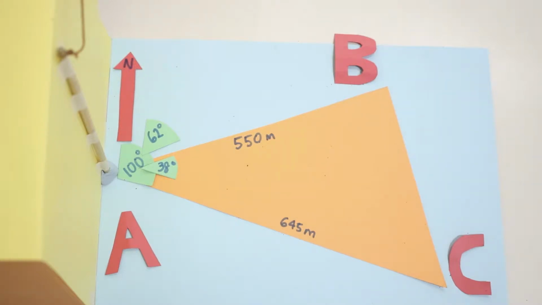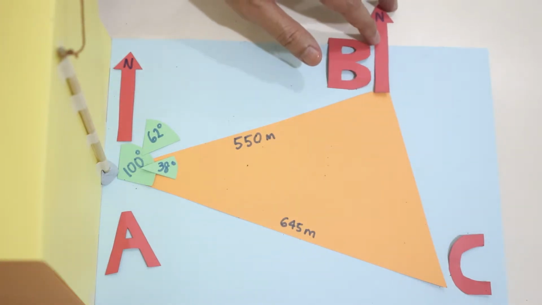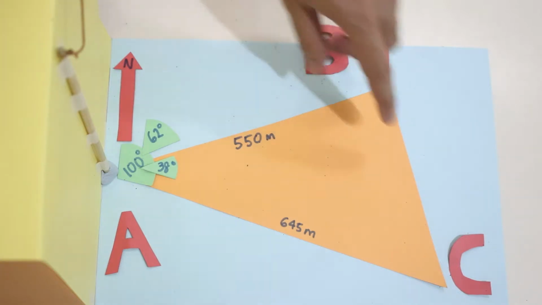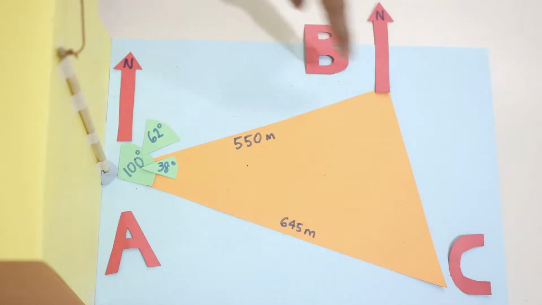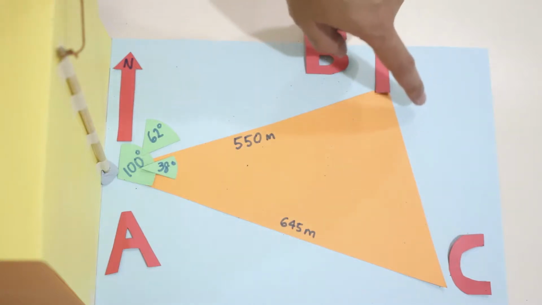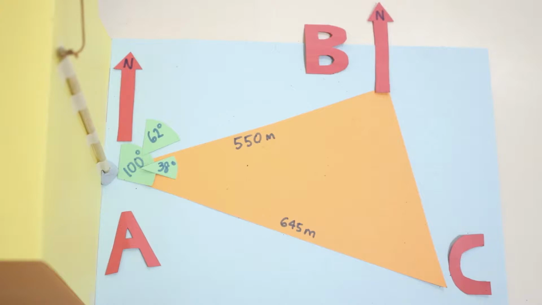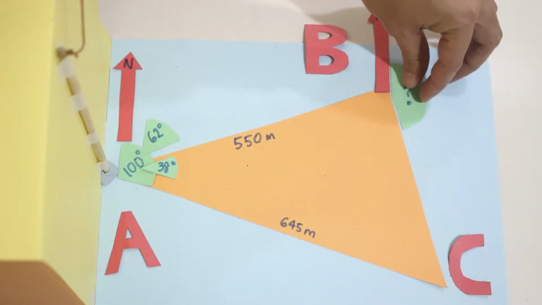In this case, if I want to find the bearing of C from B, I will need to start with my north line at B. The angle that we need to calculate will be the one measured from the north line, moving clockwise towards the line that joins B and C. Therefore, in this case, we are referring to this angle.